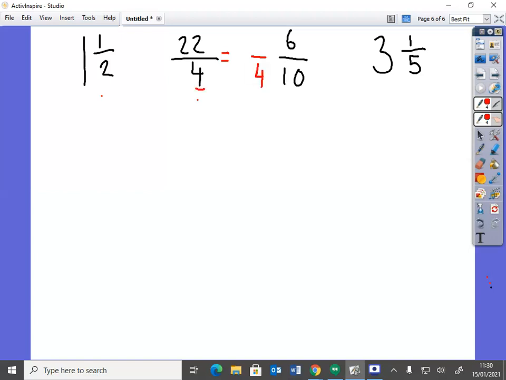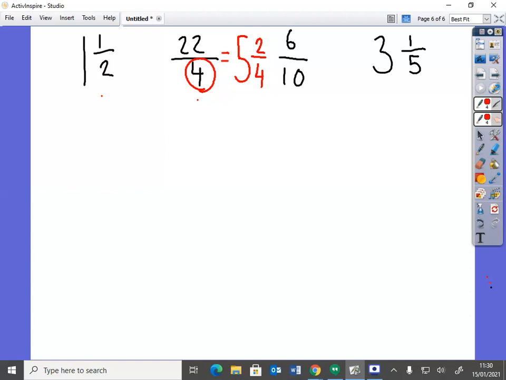How many whole times can I take 4 out of 22? I have to do my 4 times tables, don't I? 1 times 4 is 4. 2 times 4 is 8. 3 times 4, 12. 4 times 4, 16. 5 times 4 is 20. So I can take out 20 quarters, which is equal to 5. And that leaves me with 2 quarters. So I've got 5 and 2 quarters there.